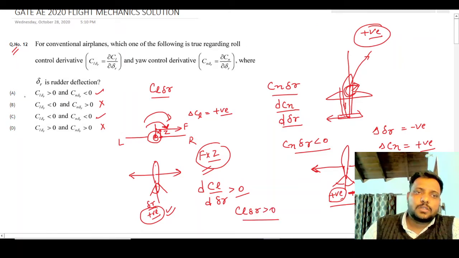If we look at the options, you can see here CL delta R greater than 0 and Cn delta R less than 0 are in option A, so option A is correct.